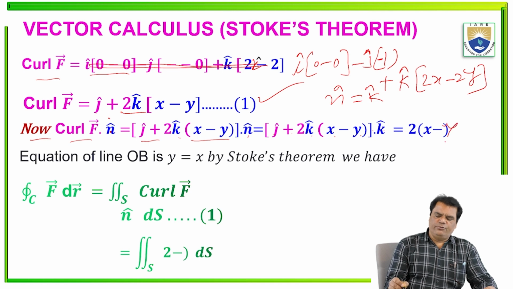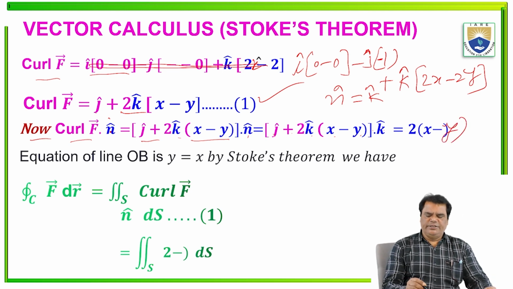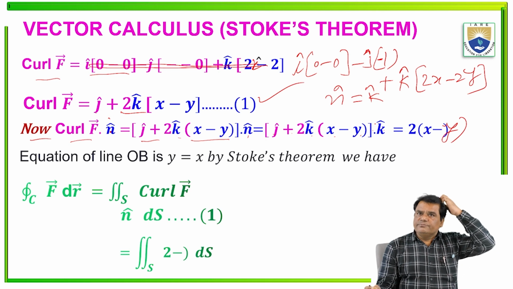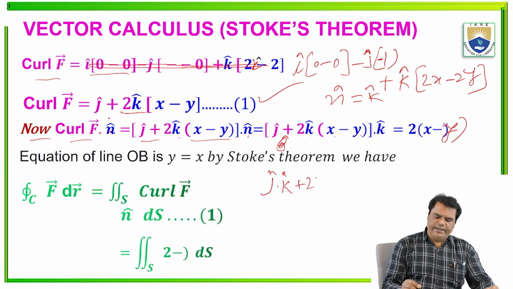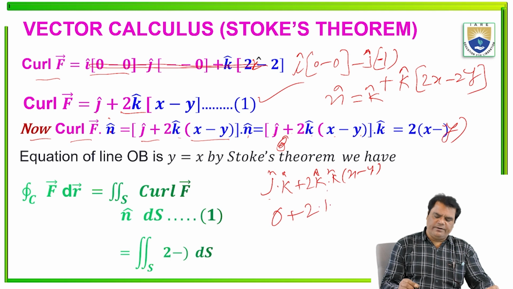So we get j cap dot k cap plus 2(x − y) k cap dot k cap, which is 0 plus 2(x − y). So the final result is 2(x − y).